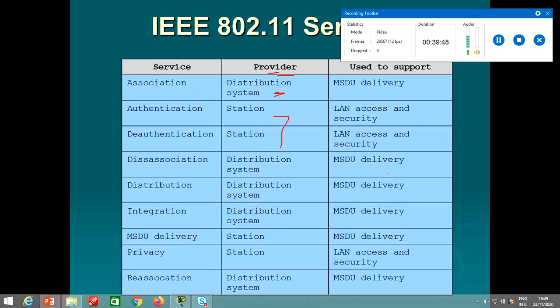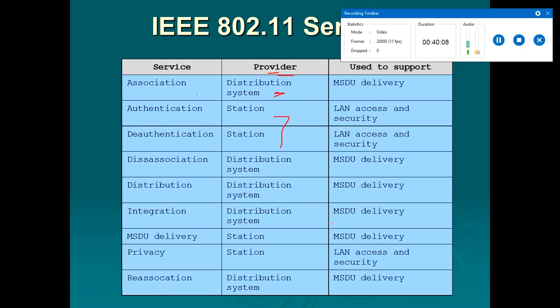The MSDU is a block of data that is passed from the MAC user to the MAC layer, and this is sometimes called an LLC-PDU, and if it is too large, it is transmitted by a single MAC frame. Alright, moving ahead.